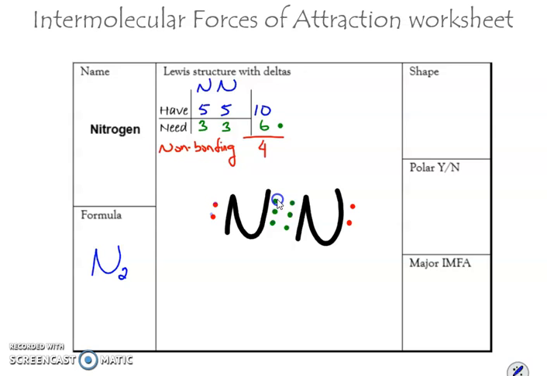Now you need to determine the shape of this molecule. There are only 2 atoms in the whole molecule, so the shape is going to be linear diatomic. Linear means in a straight line, and diatomic because there are 2 atoms. Now you have to determine whether it's polar or nonpolar. It's completely symmetrical.